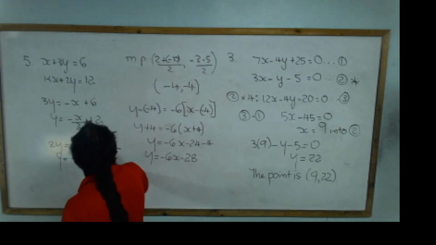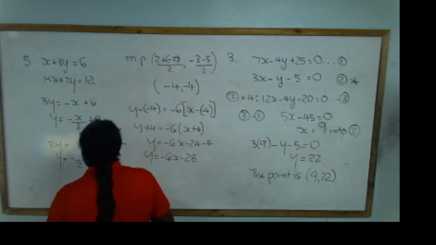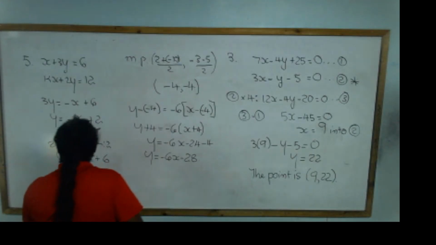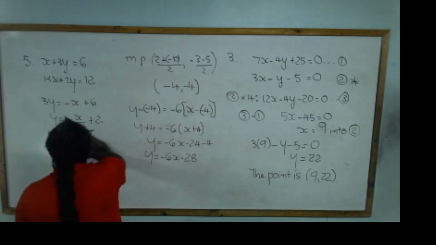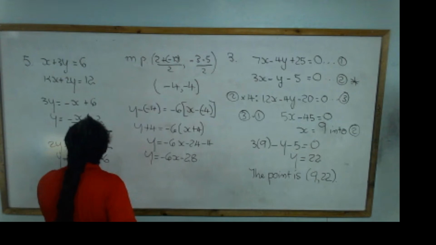What do we have here? Negative kx plus 12, right?